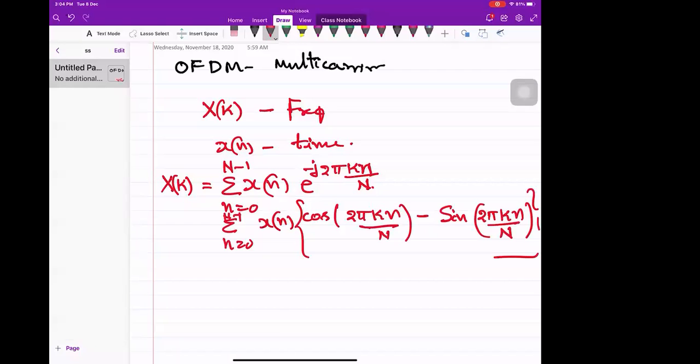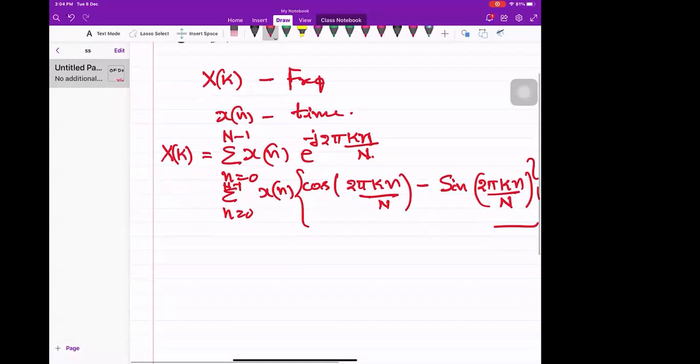When I am using these kind of equations, the major drawback in OFDM is that I have to use the IFFT. If I use plus, I would use K and the small x of n. This is my transmitting side, my transmitter, TX.